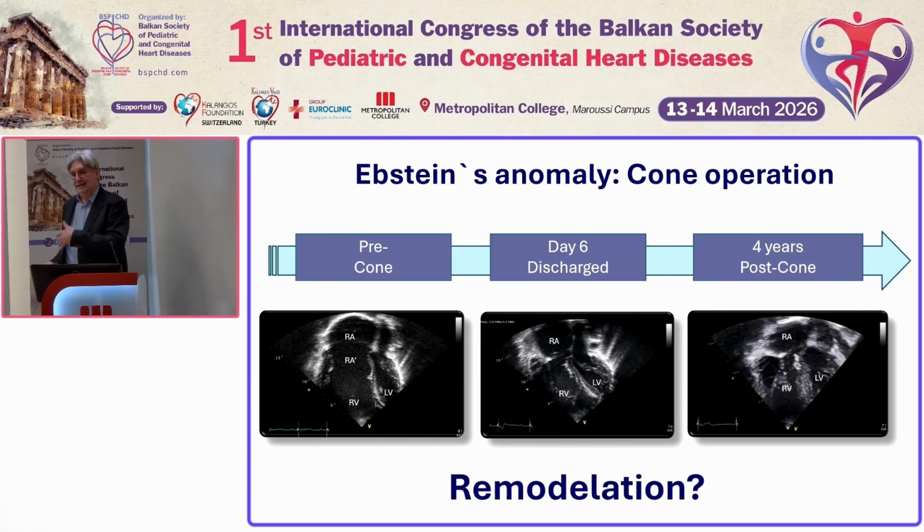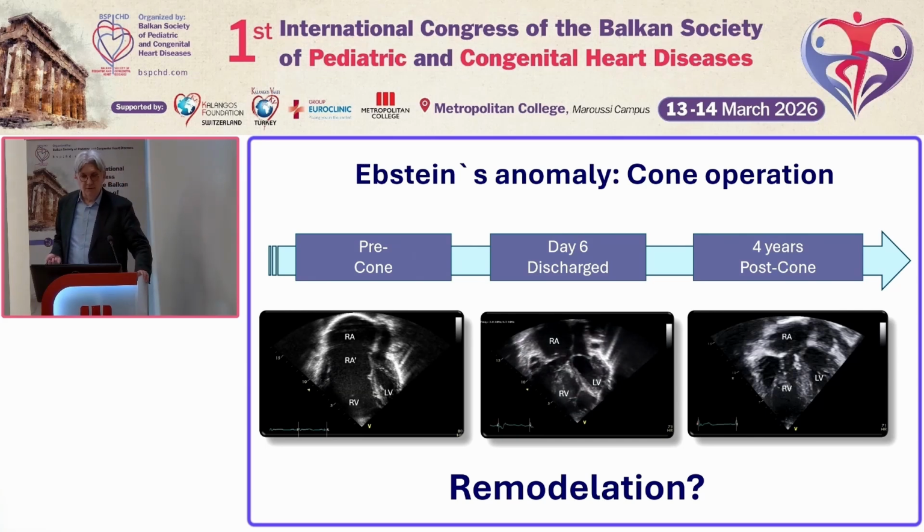And for us, it's very important to see whether there is the potential for remodeling of the right ventricle. This is what we are waiting for, because the first cone procedure was done, I think, in 2007, so we still don't have good long-term data. This is one case. The right ventricle appears to be good, but you remember the right ventricle was exposed to a large volume.